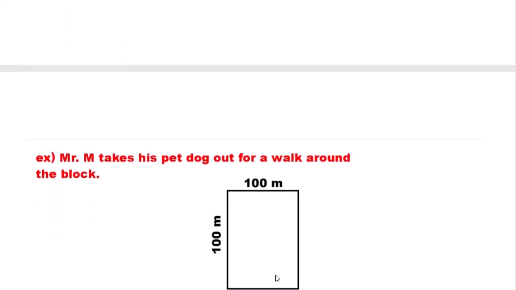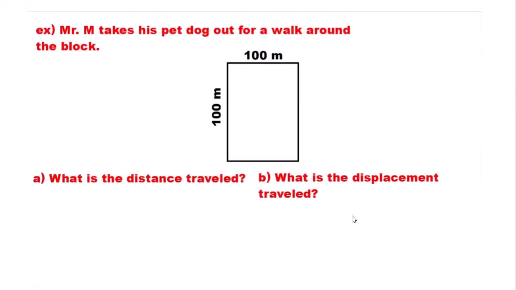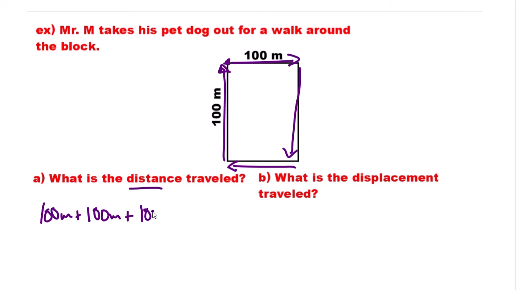Now, what if I take my dog out for a walk around the block? So here's my block. What's my distance? What's my displacement? Regardless of where I start, if I go around the block, that means I went 100 meters this way, 100 meters this way, 100 meters this way, and then 100 meters this way. So my distance traveled is 100 meters plus another 100 meters plus another 100 meters plus another 100 meters, right?